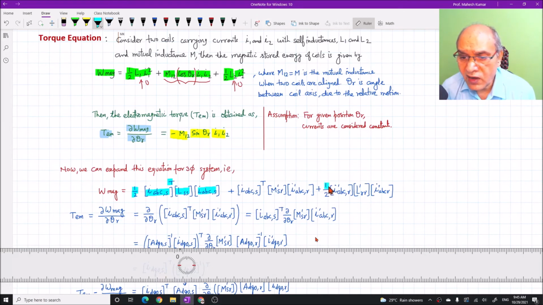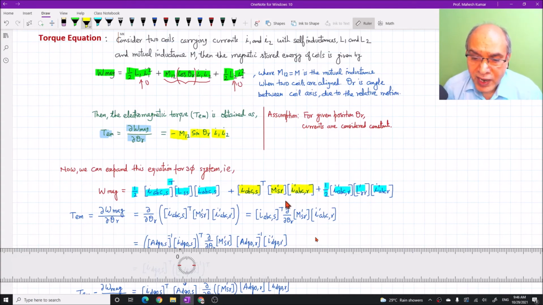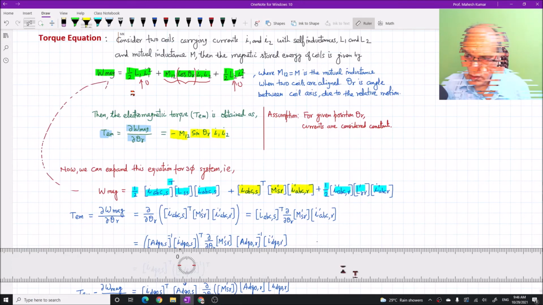For the rotor, half IABC R dash transpose LRR dash IABC R dash. This is the rotor side, and between rotor and stator there is a mutual inductance MS R dash, and for that the expression is IABC transpose MS R dash IABC R dash. This is the equivalent expression in matrix form. You can expand it and prove that it is the same as this expression, individual current element wise.